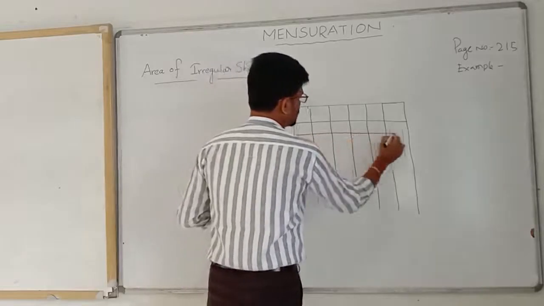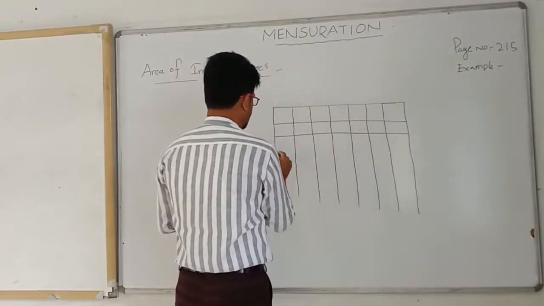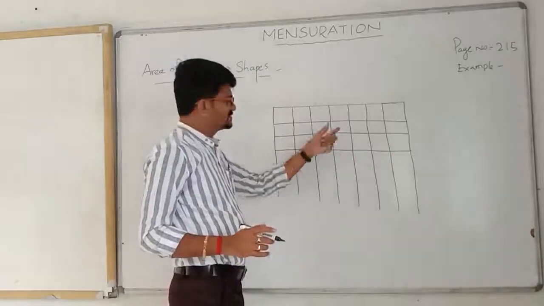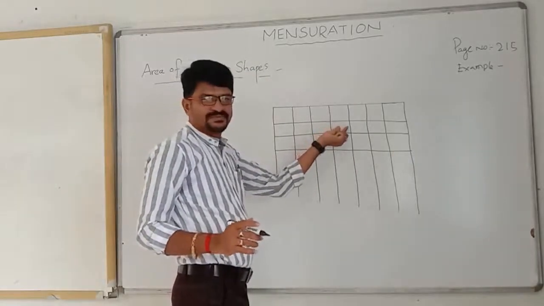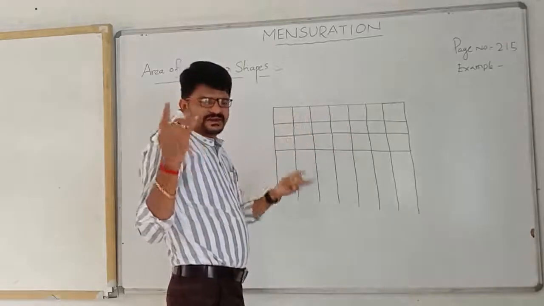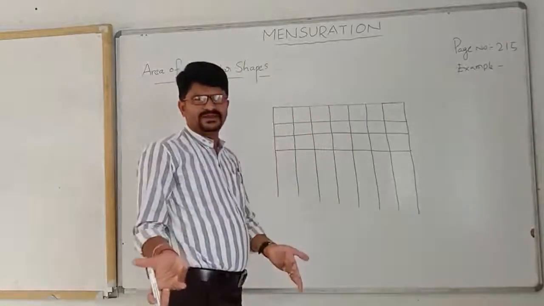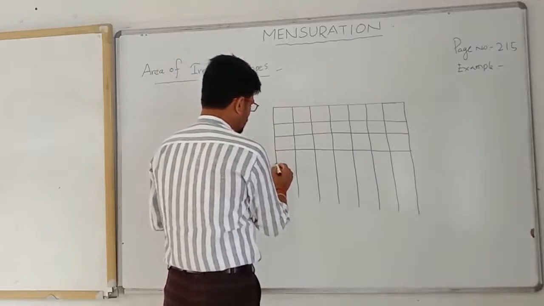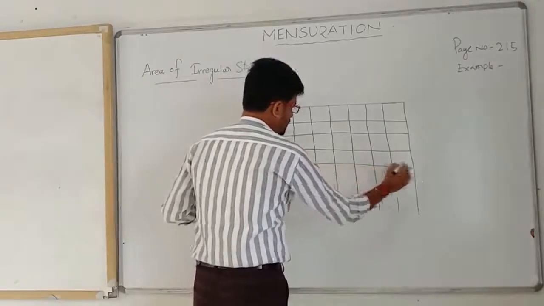As it is a board, I am drawing here. But one thing, every box should be the same size. Here we got small boxes, but it should not be like that. On a graph sheet it is uniform for everybody, there is no problem. But practically, when you are drawing outside, then only there is a problem.